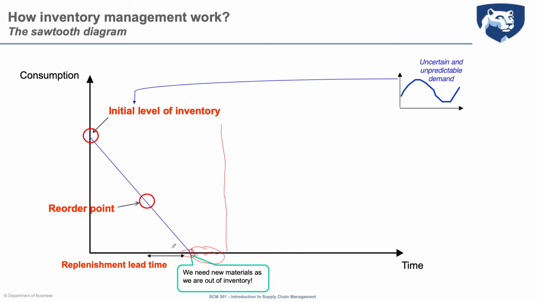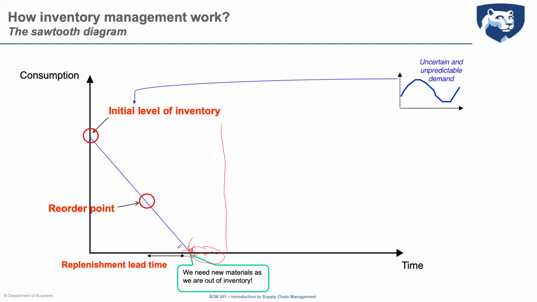Again, because this is an important concept, I repeat it. If I wait until the level of inventory is 0 before I reorder, my supplier will need some time to produce and give me the new product. So there will be a period where I will be out of material or product and I won't be able to run my process.